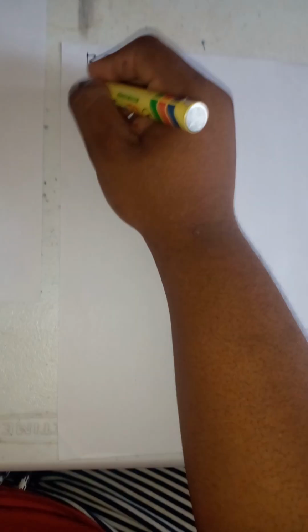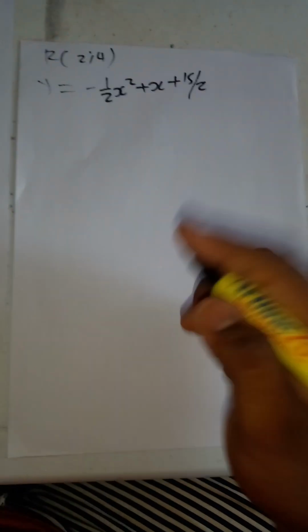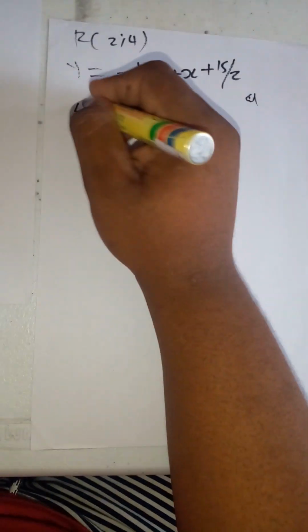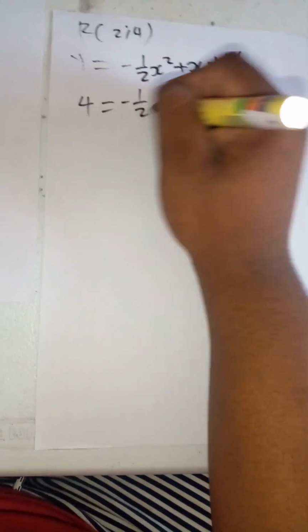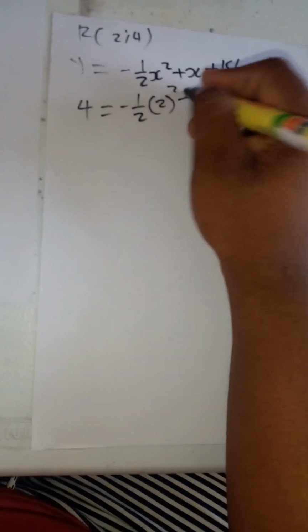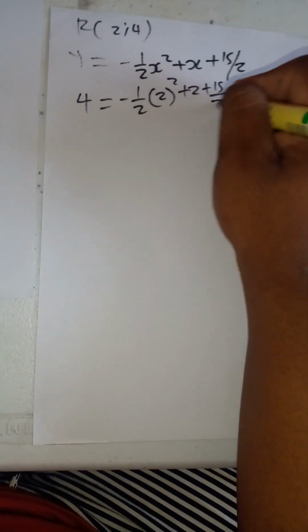Now I will write the equation I have. It is negative 1 over 2 x squared plus x plus 15 over 2. I have already expanded it. You can also use the standard form which you were given. I already wrote r there, so where there is y, substitute 4 is equal to negative 1 over 2 squared plus 2 plus 15 over 2.